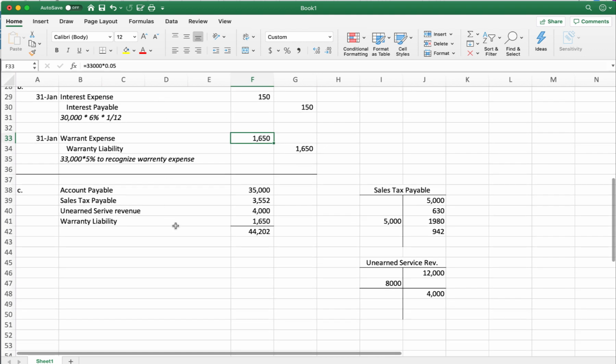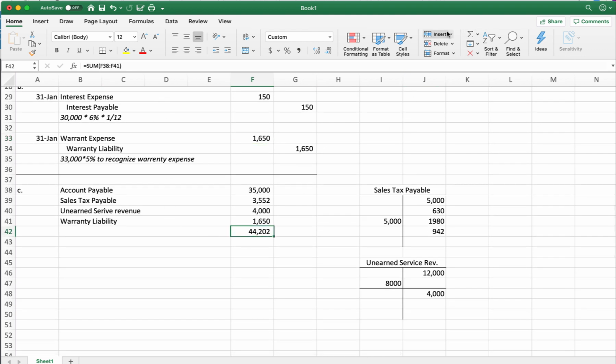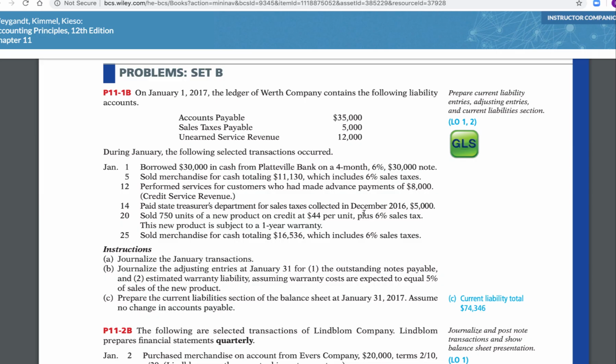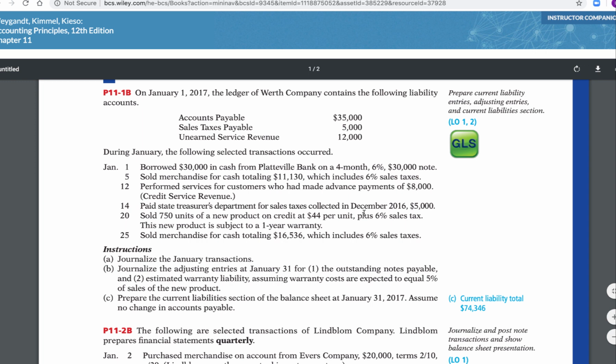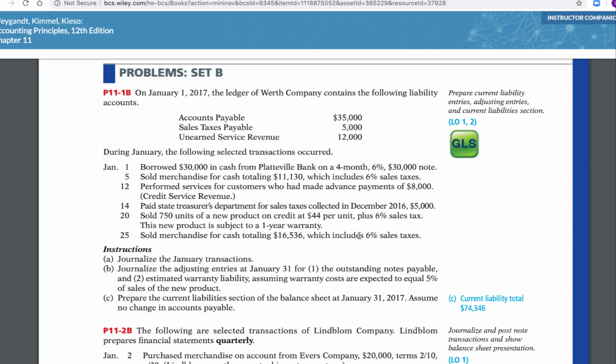Looks like I hit everything. Why is this not adding up? Huh. So we're off what? Yeah, we're off a little bit. I'm confident we did that right, unless I missed something. But I'm confident that this might be a misprint in the book, which does happen.